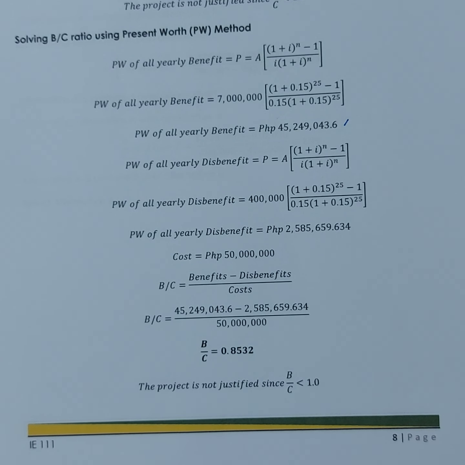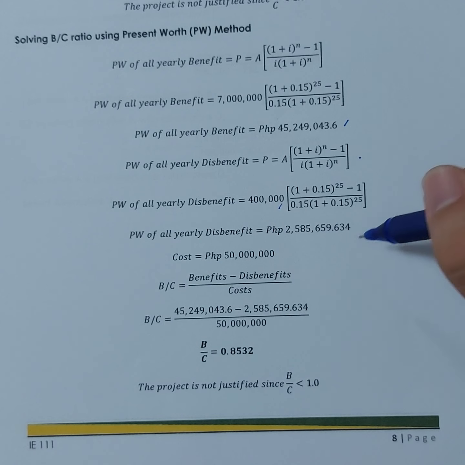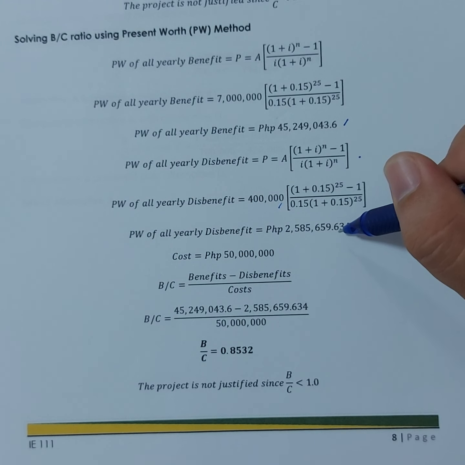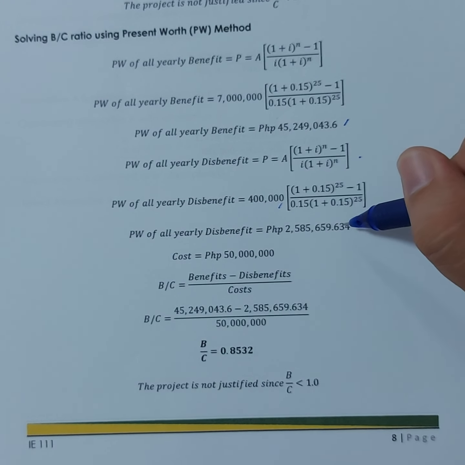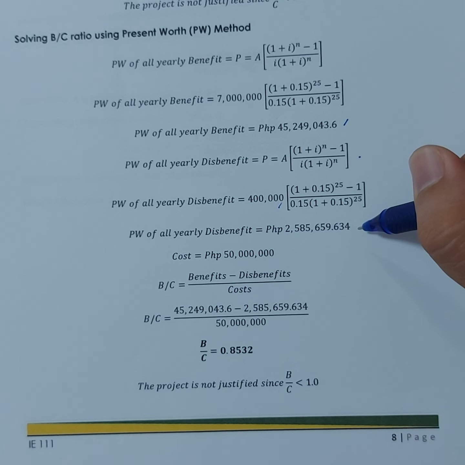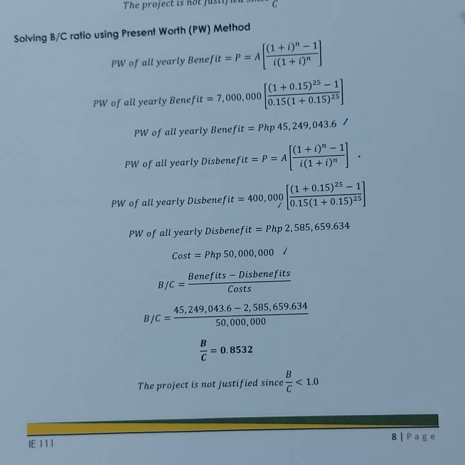Same formula. So in this case, we have 400,000. So present worth ng lahat ng annual upkeep for 25 years is 2,585,659.634 pesos. Okay, so yung cost natin is 50 million.